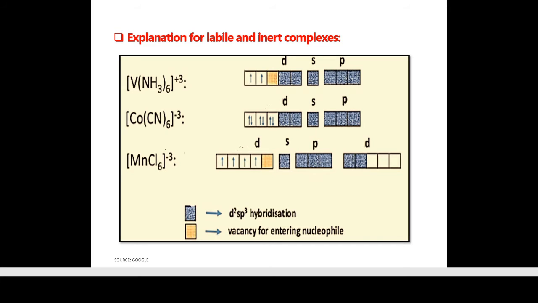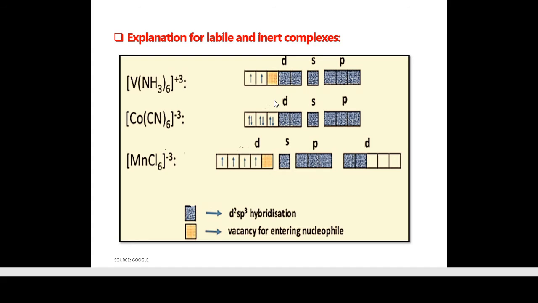Okay, so as per Taube, if your T2g orbital contains 0 electrons, that is no electron, 1 electron or 2 electrons, there is a vacancy for an entering nucleophile or entering ligand. So at that time that complex is a labile complex.